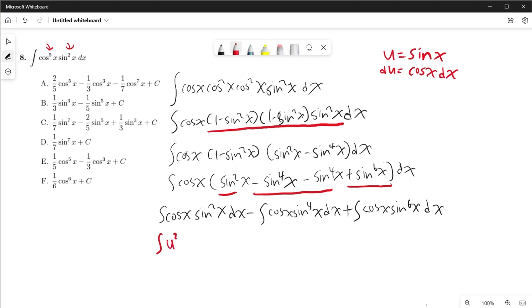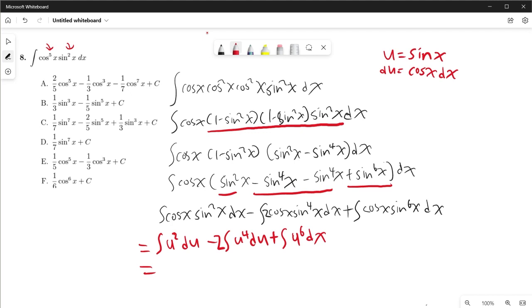Then it's u squared du minus 2 u to the fourth du, there should be a 2 here, I can leave that outside, and then plus u to the 6th du.